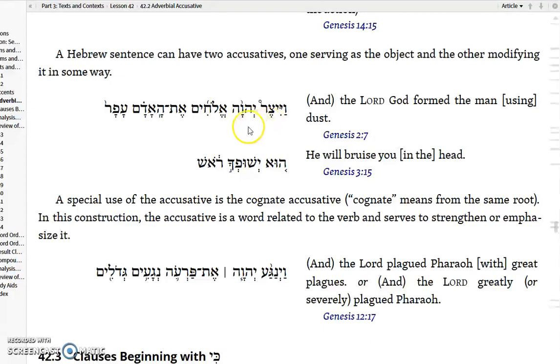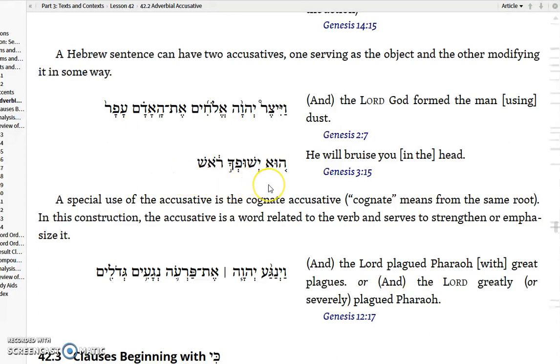Yahweh God formed the man, object marker et, but then afar means out of dust, using dust. Again, it's an adverbial accusative with dust.